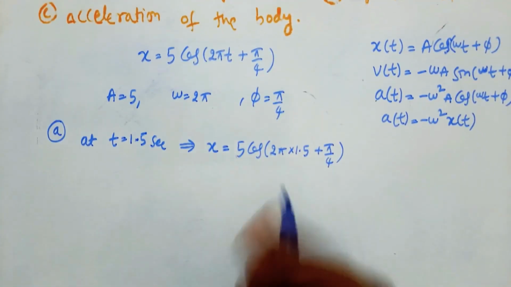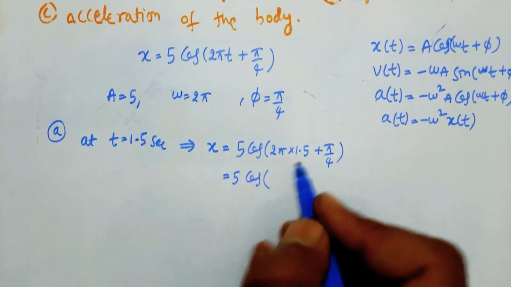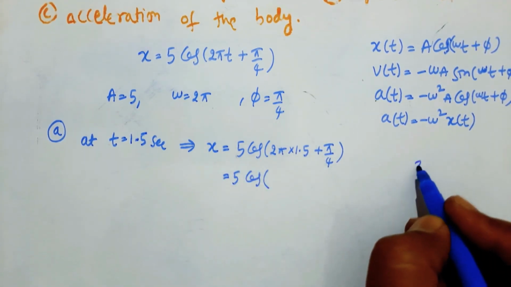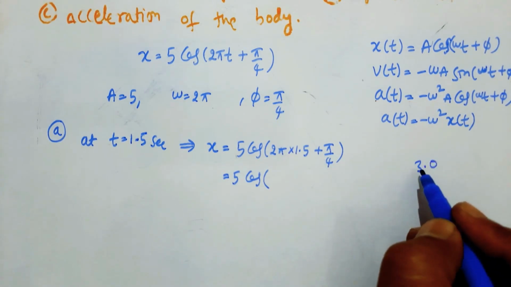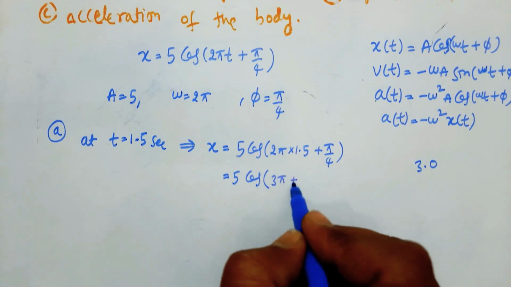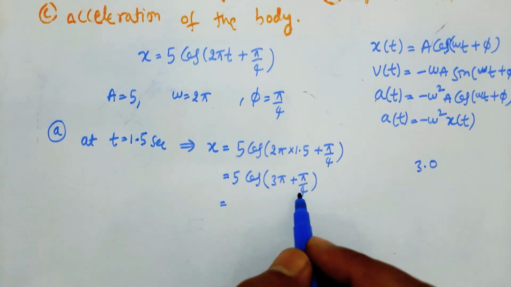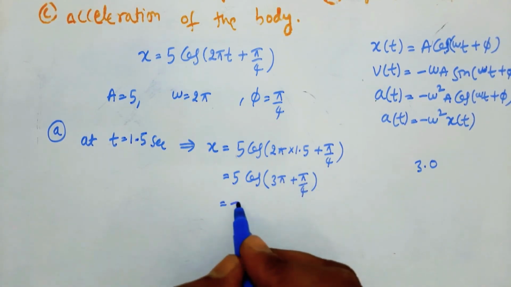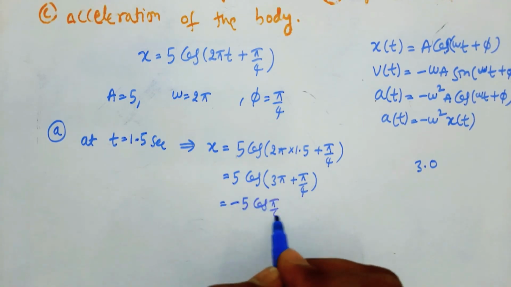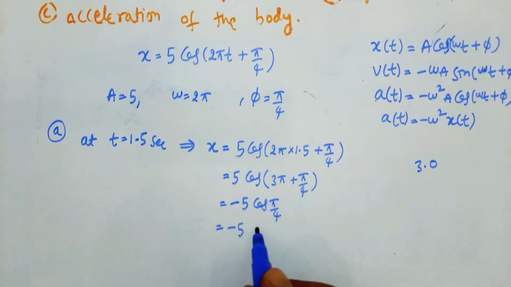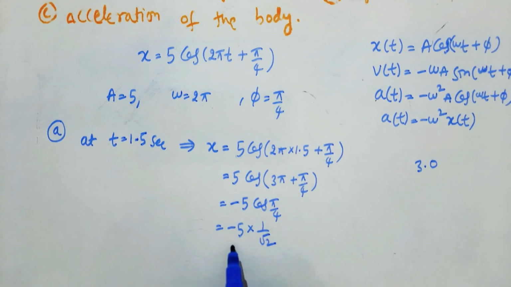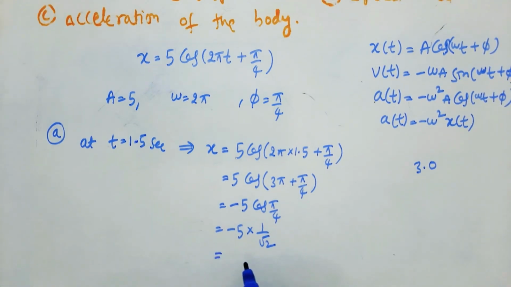That is equal to 5 into cos, here 1.5 into 2 is 3.0, so it is 3 pi plus pi by 4. Cos of 3 pi plus pi by 4 is equal to minus cos pi by 4. So that is minus 5 cos pi by 4. What is the value of cos pi by 4? That is 1 by root 2. So finally this value is minus 3.535 meters.